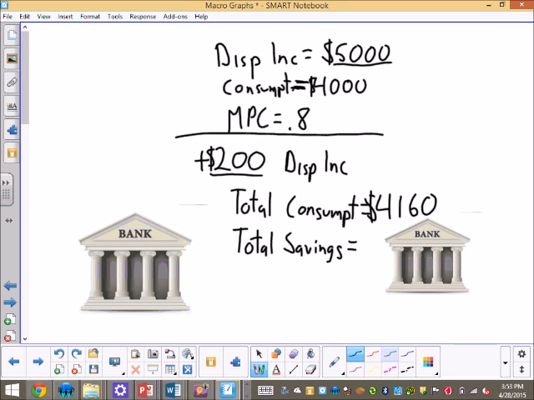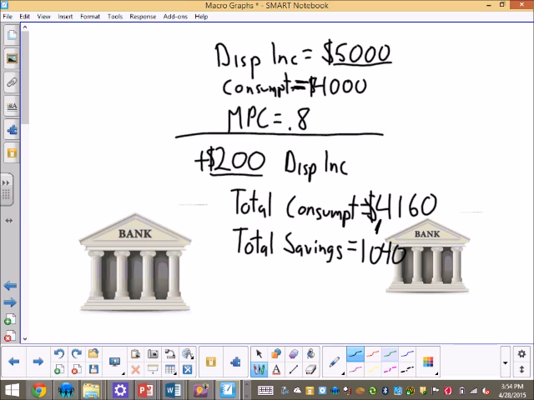How much total savings will there be? $840. Anyone figure out the total savings? Is it $1,040? Very good.